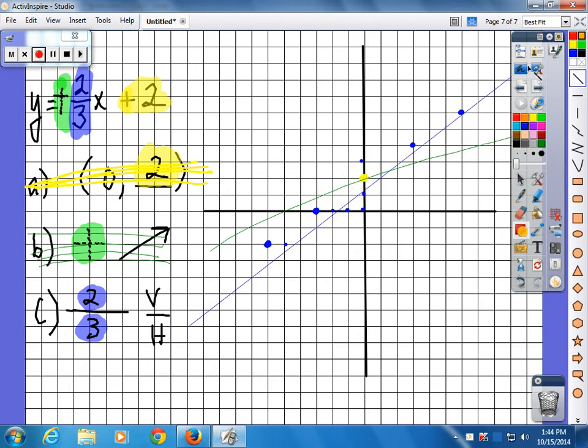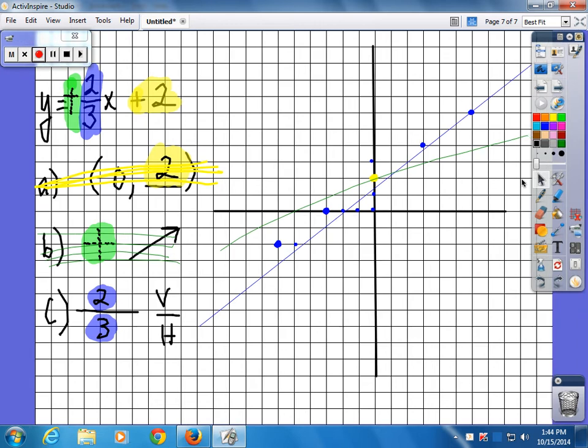Mine's a little bit off, but I'll fix it. Hold on. If it'll let me. That's good. Unless it won't let me move it. Where's my... Dummy.